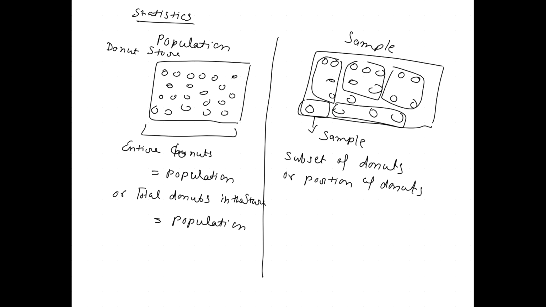So let's say there are 10K donuts in your whole store. So this is the population. But if I am picking up only a sample of this, let's say I picked up only 2K donuts, this is called sample.